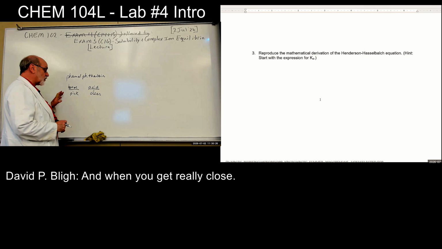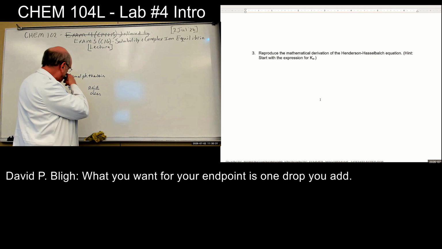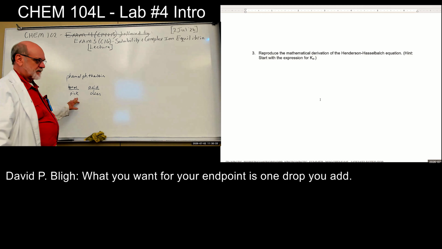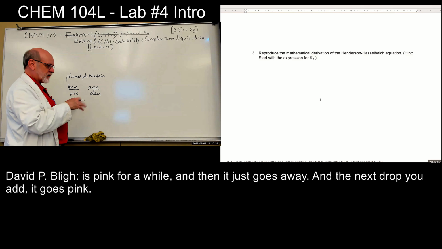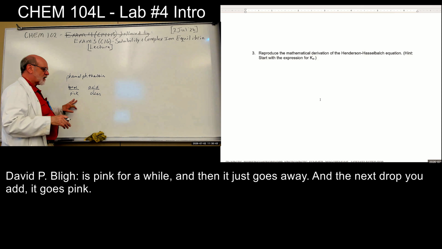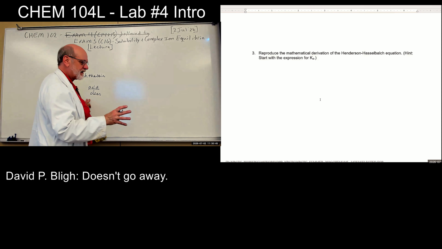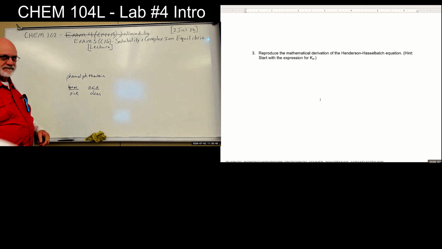And when you get really close, what you want for your endpoint is one drop you add is pink for a while, and then it just goes away. And the next drop you add, it goes pink, doesn't go away. That's your endpoint.